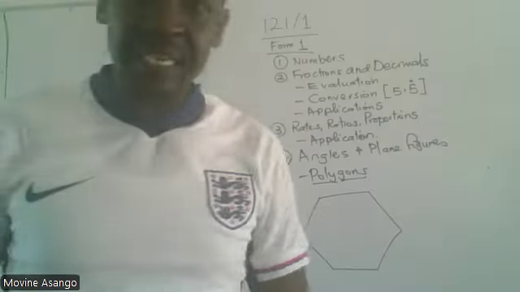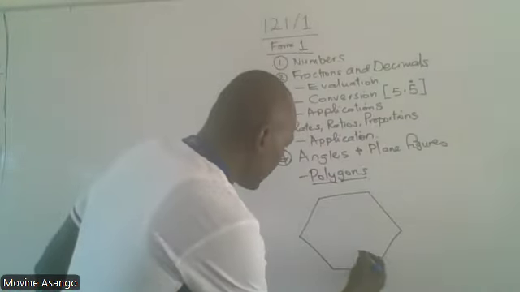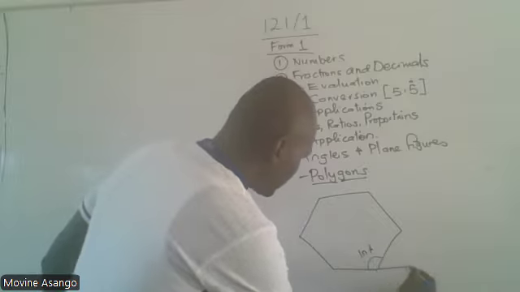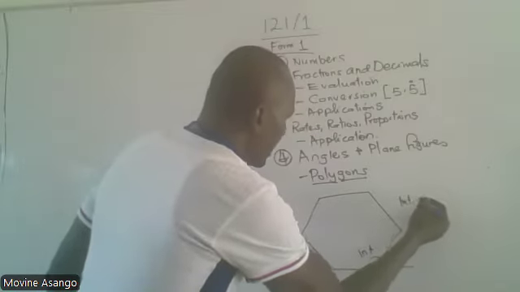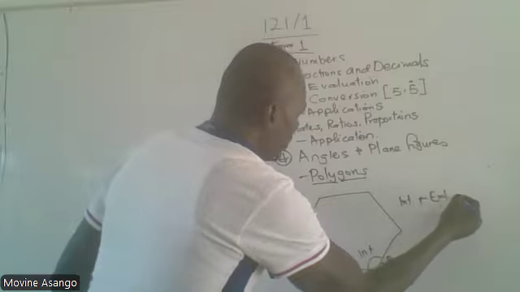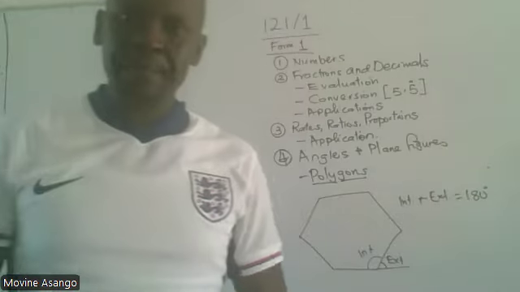If you take that case, then we call this angle interior and the other angle exterior. Interior angle plus exterior angle gives you 180 degrees. That's a polygon formula.